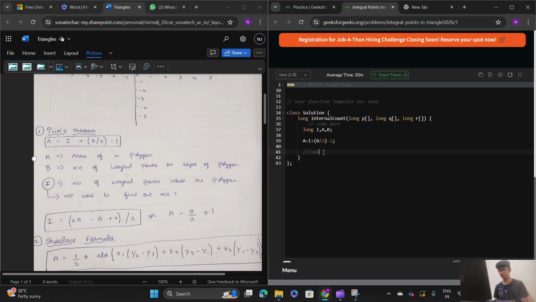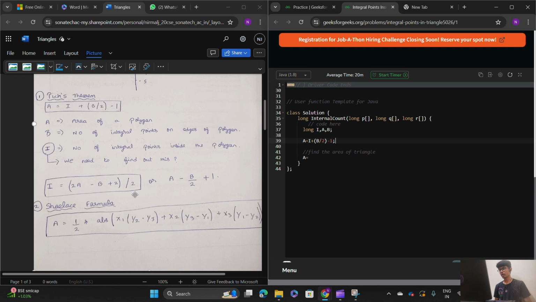Find the area of polygon. Let me give it as triangle. Now triangle A is equal to area. Actually this area is for the particular polygon formula.